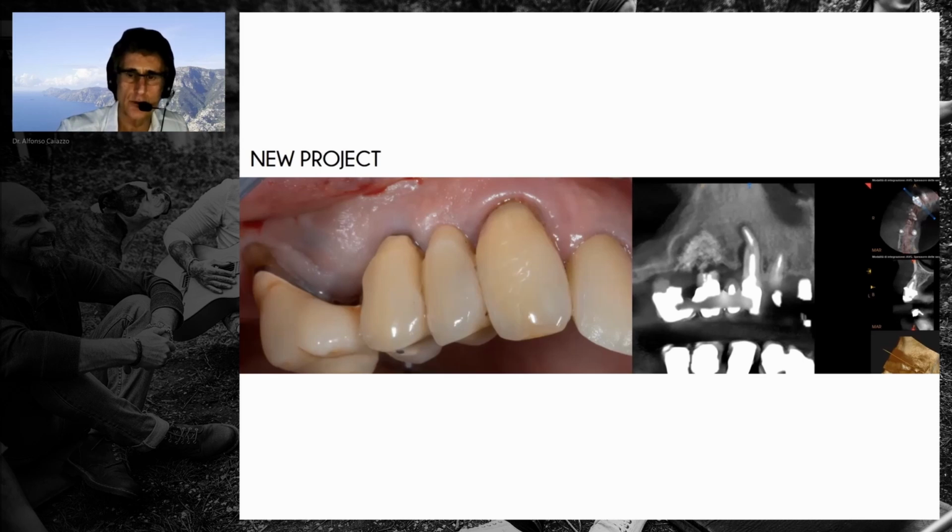So we decided to do the immediate placement on the posterior, deliver a temporary on the posterior, and wait for the integration. Once we achieve the integration, take out the canine, do some alveolar ridge preservation at the canine, having a temporary with the extension of the canine, wait for the healing of the canine, and place another implant there and finish with 3 implants for a 4-unit bridge.